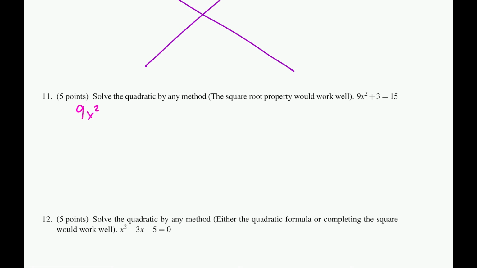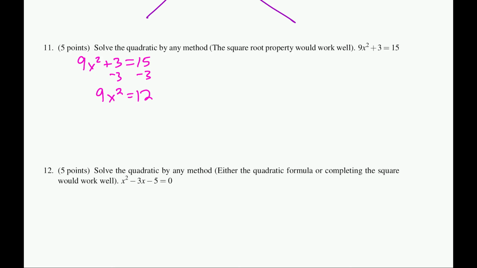So 9x squared plus 3 is 15. So we can just move that 3 over. Just subtract 3, subtract 3. We end up with 9x squared equals 12. And then we can divide both sides by 9. We end up with x squared is 12 over 9.